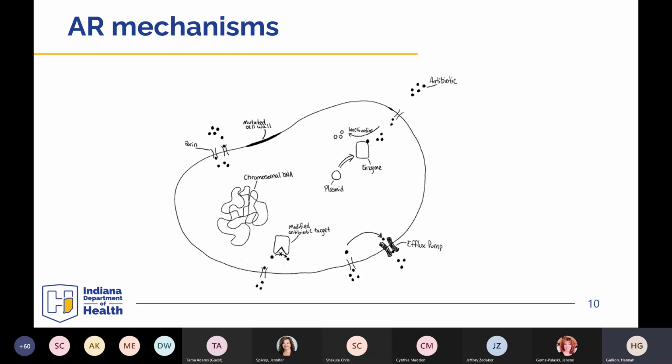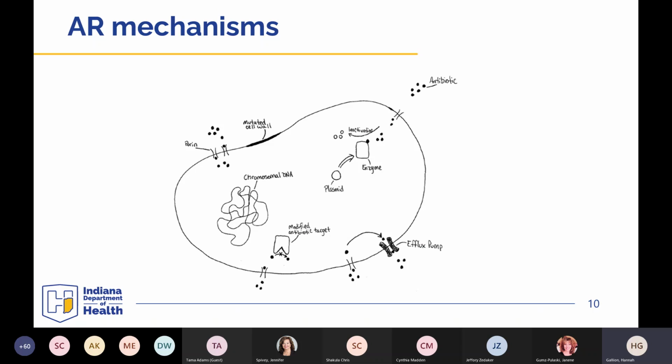A third mechanism is efflux pumps. These are found in different organisms and they actively remove antibiotics from within the cell wall. A fourth mechanism is antibiotic target changes. These occur as a result of point mutations in a specific gene and prevent the antibiotic from attaching within the cell.